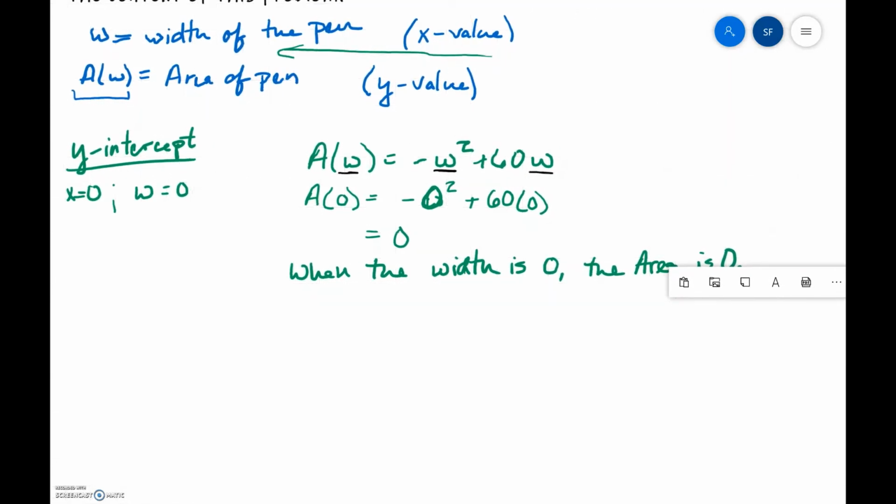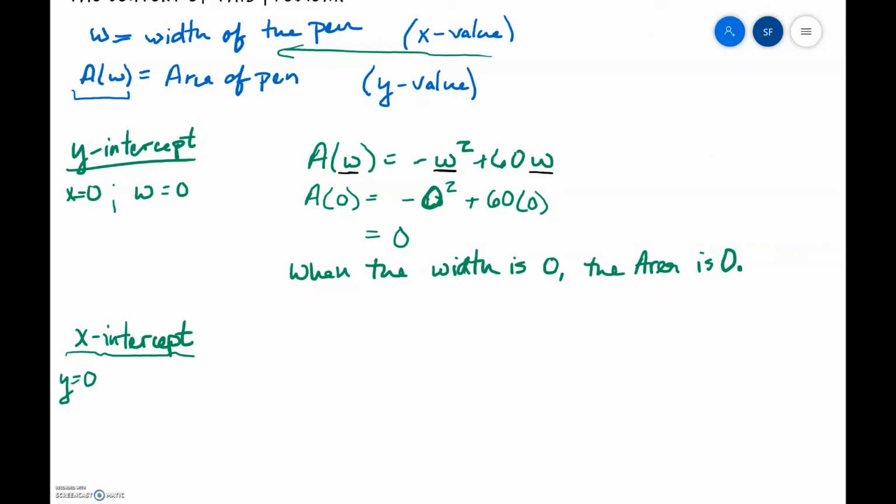Okay, so then let's talk about the x-intercept. This is a little bit more involved. Now let's find the x-intercept. To find the x-intercept, we set y equal to 0, but in our problem, we don't have a y.